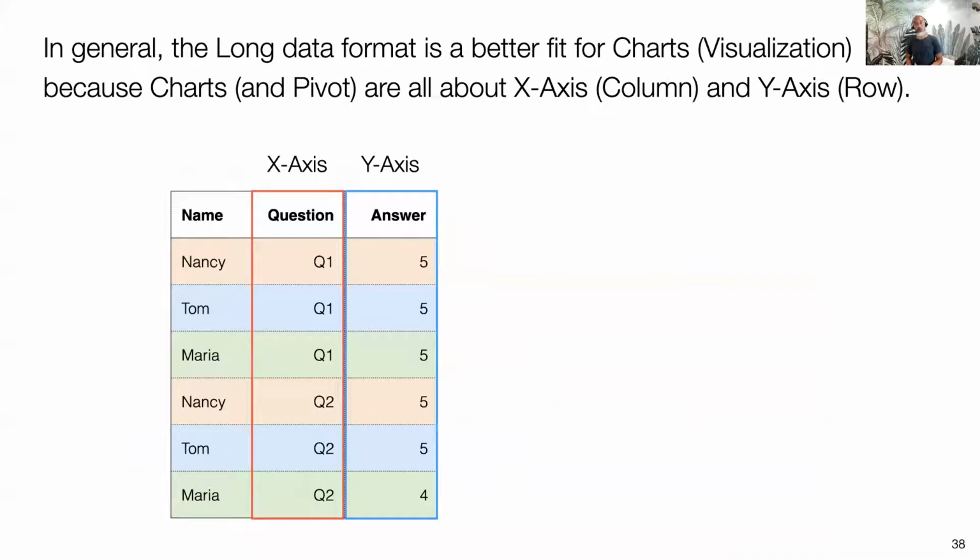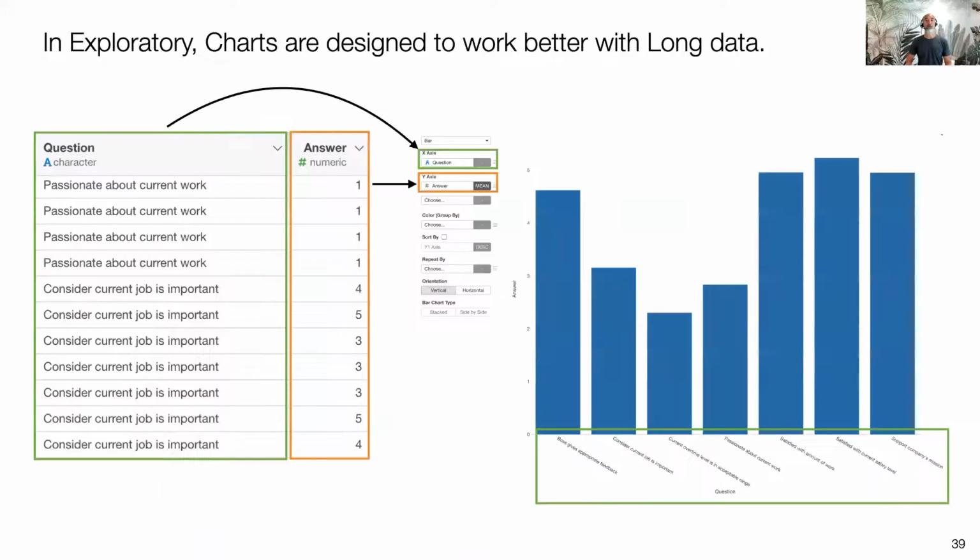When do you need a long format, then? Well, when you want to visualize the data under the chart view, you want to have the long format. This also has some exceptions, but in general, the long data format is a better fit for charts, because the control of the chart is all about the x-axis and y-axis. That's the basic thing for creating the bar chart, line chart, and other chart types as well.